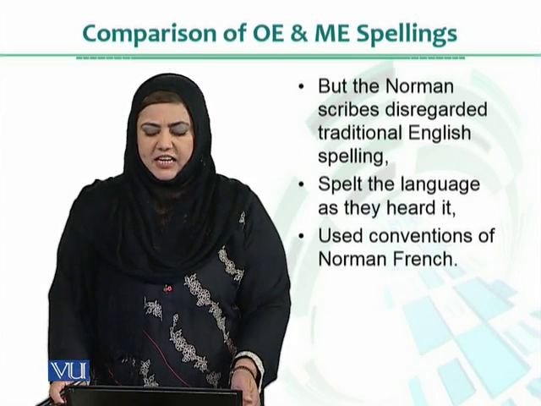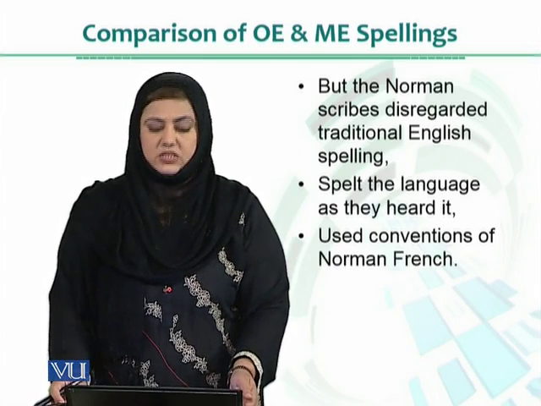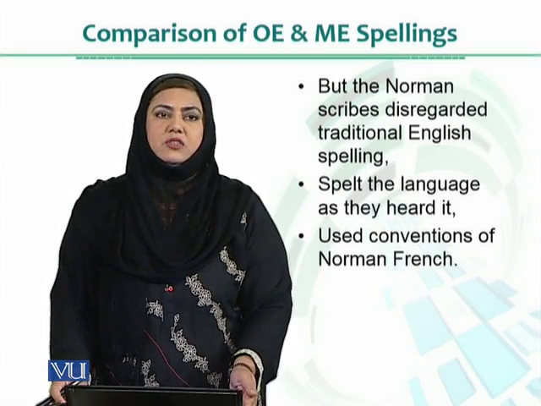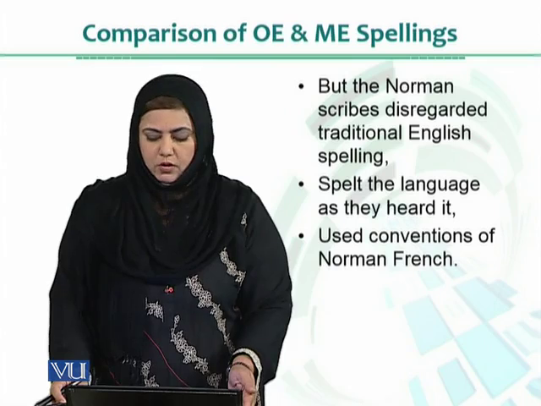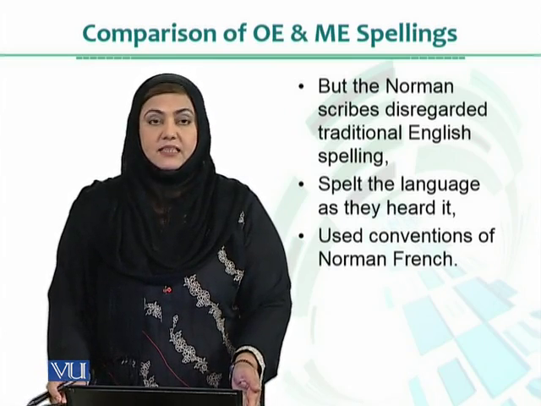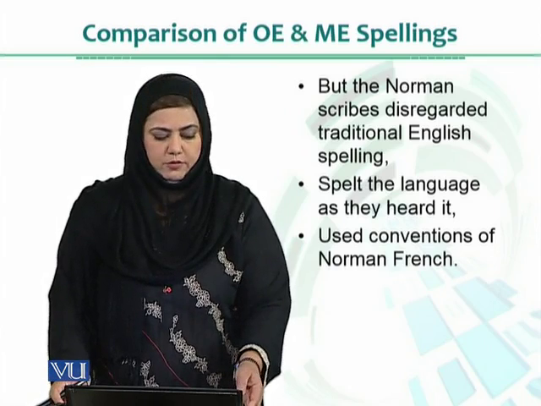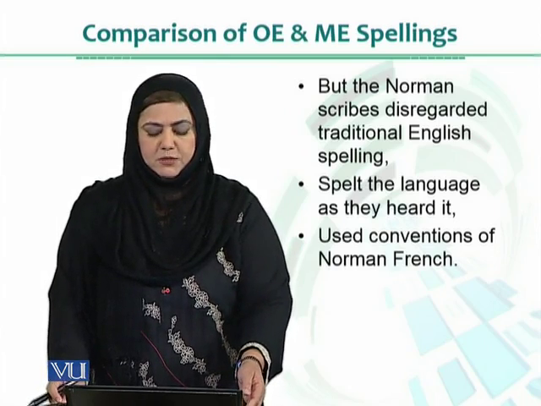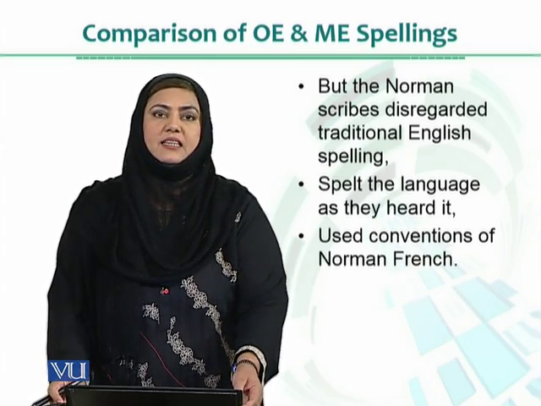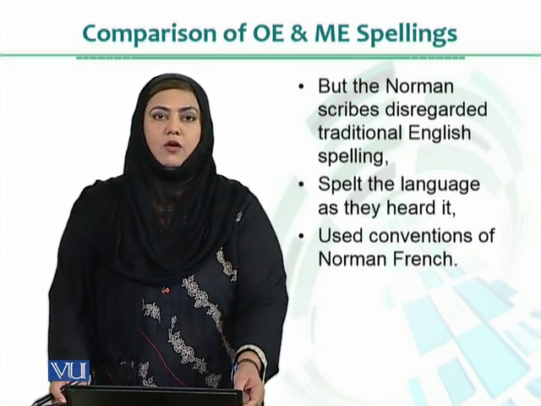But the Norman scribes disregarded the traditional English spelling. Because of the Norman tradition, they would follow the conventions that Norman French had, and they did not care for the English spelling. They spelled the language as they heard it, and they started writing it as it fell on their ear.